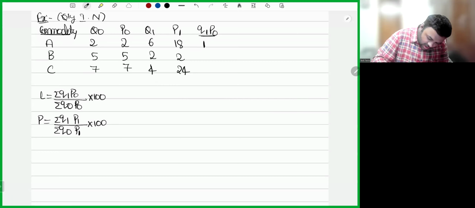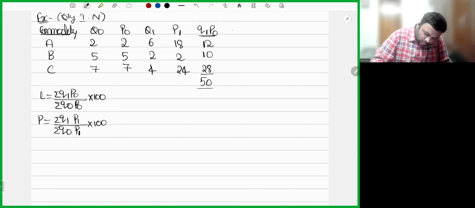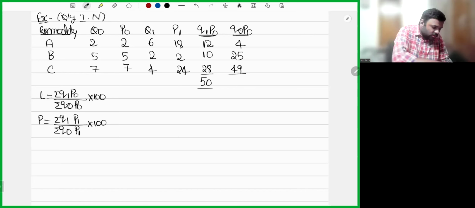Now let's calculate Q1, P0. 6 into 2, 12. 5 into 2, 10. 7 into 4, 28. Now total 50 we have. Q1, P0 is 50. Next, Q0, P0. 2 into 2, 4. 5 into 5, 25. 7 into 7, 49. So 4 plus 25 plus 49, you have 78.